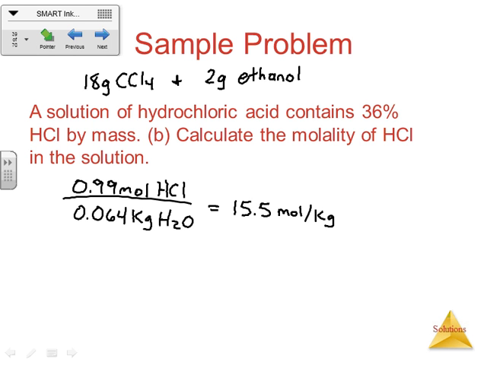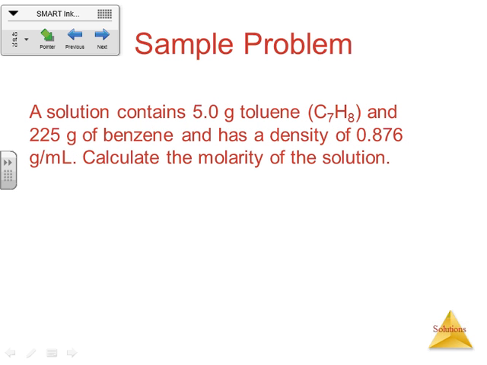That seems like a fairly high concentration, doesn't it? 15.5, compared to the last molality that we calculated, 36% HCl. That's a good amount. It's fairly concentrated. That'll do some damage. That's a decent number there.